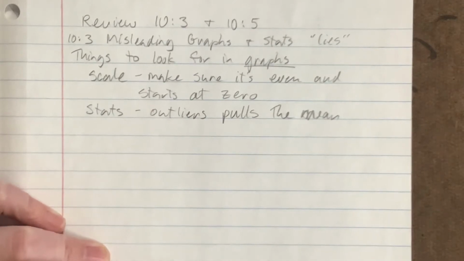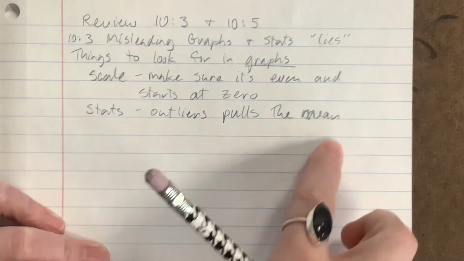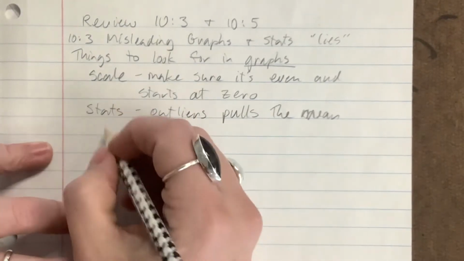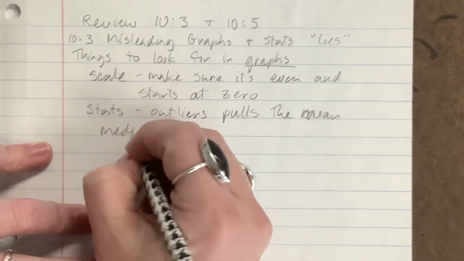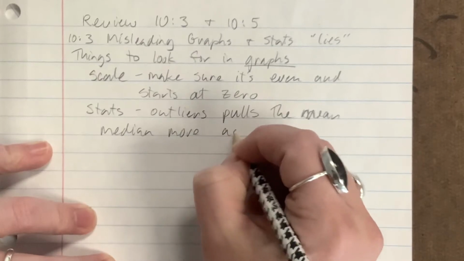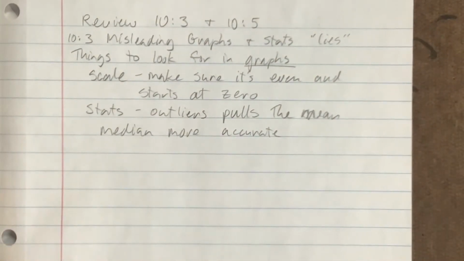The outliers pull the mean away from center. So depending on what you're trying to say, you can say, oh, sure, the average, meaning the mean, is this thing, but it could be way off. So if there's outliers, the median is more accurate or more actually representative of the data. Okay, got it.